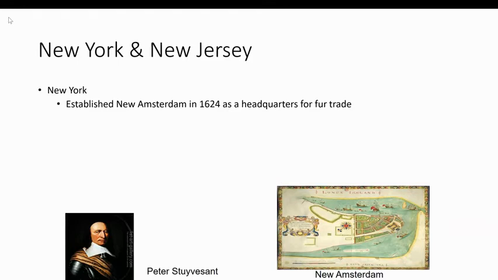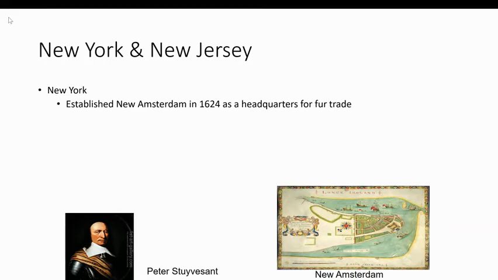Now, New Amsterdam was established in 1624 as a headquarters for the fur trade, and that's really the primary interest of the Dutch East India Company, is that they wanted to get as much fur out of there, and it was really a business enterprise. They didn't really people it like the English end up doing.